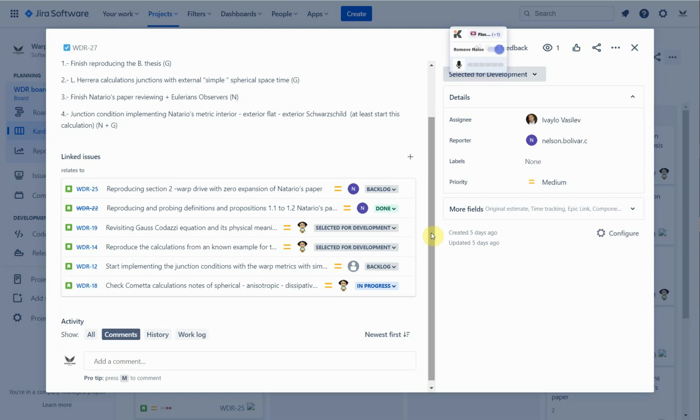We are using this as the steps to understand how junction conditions are going to work. In this thesis, basically, what these guys did is propose a couple of metrics, spacetimes inside and outside.